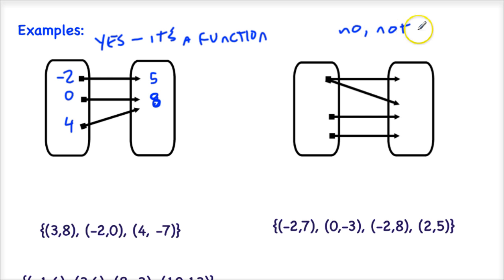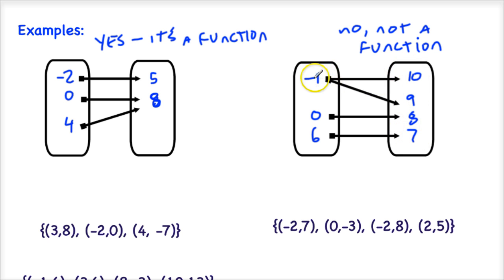Okay? So as you can see from this first one, it's okay to have 2 arrows going to the same y, but it's not okay, like we have over here, where we have 2 arrows coming from the same x. So it goes to 2 different values in the range.